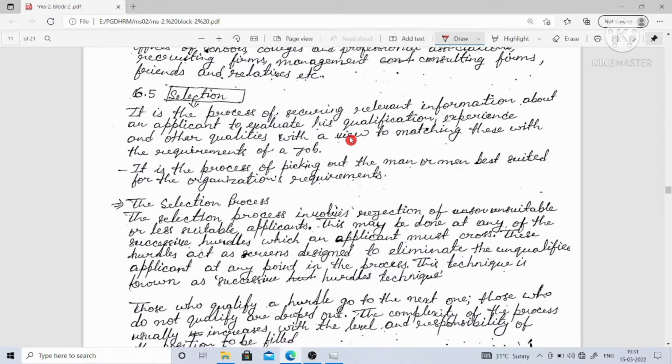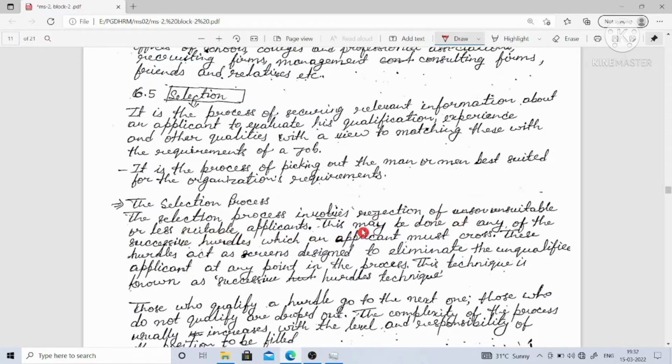It is the process of picking out the man or men best suited for the organization's requirements, simply selecting the people who are best for the organization. So those people are selected. The selection process involves rejection of unsuitable or less suitable applicants. This may be done at any of the successive hurdles, which an applicant must cross.